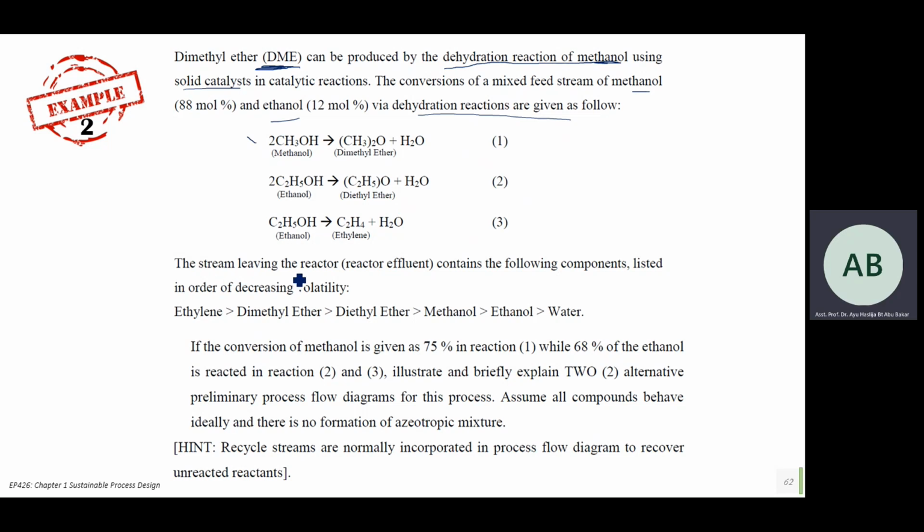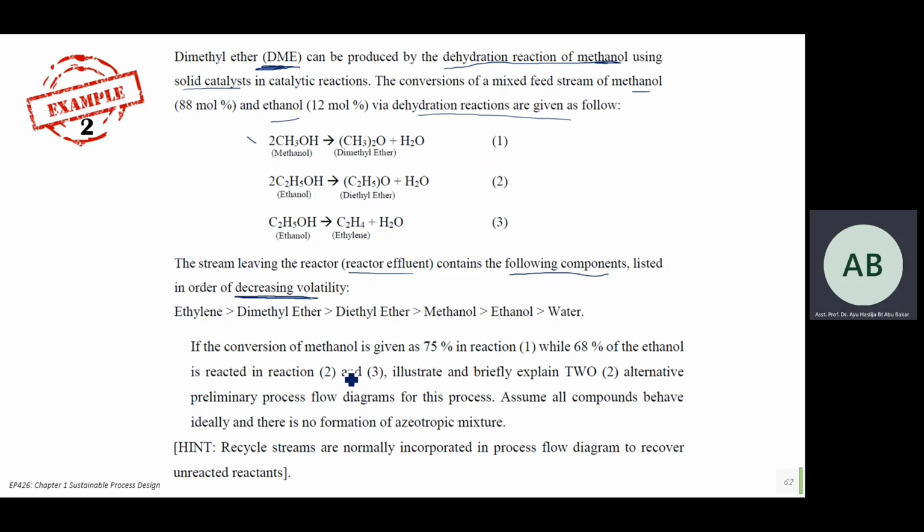So the stream leaving the reactor, the output of the reactor, contains the following components. It has this mixture, already listed in order of decreasing volatility.